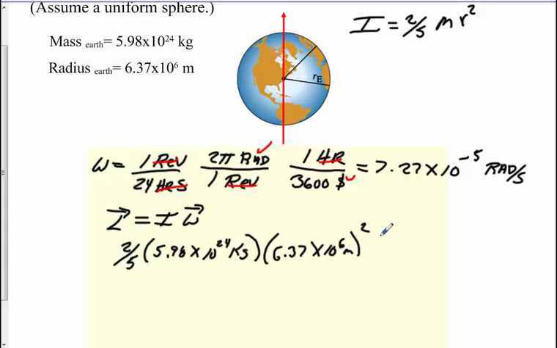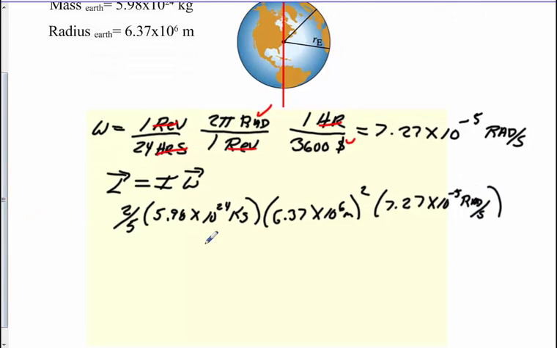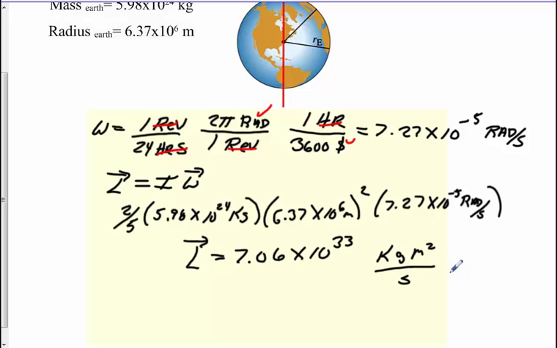I will multiply that times omega, which we said was 7.27 times 10 to the minus 5 radians per second. And that will give me an L value of approximately 7.06 times 10 to the 33. Again, that's going to give me units in kilograms meters squared over seconds.